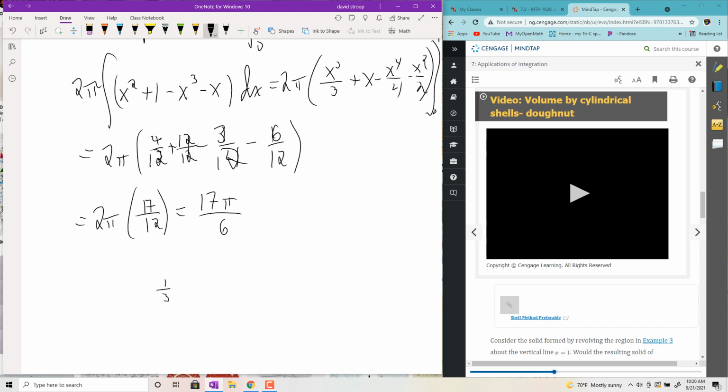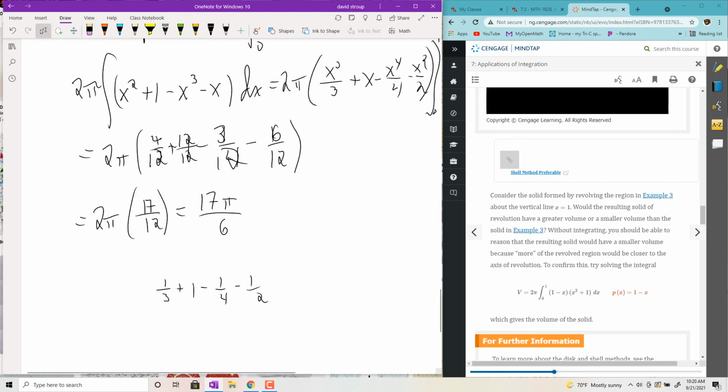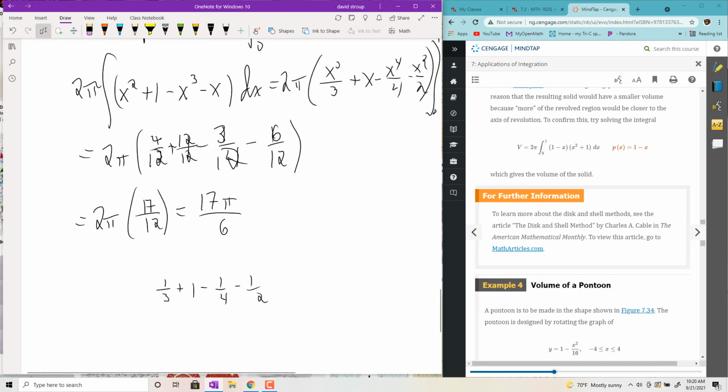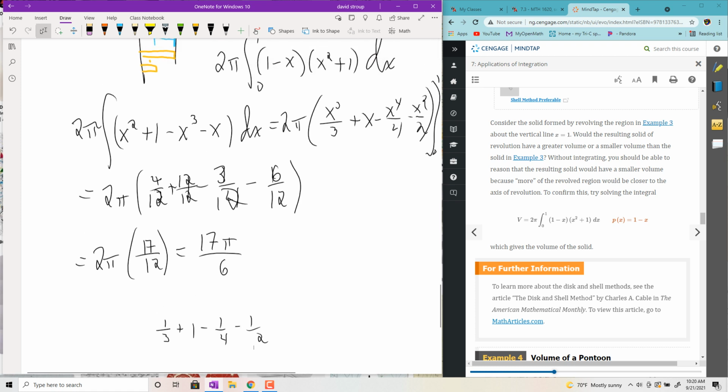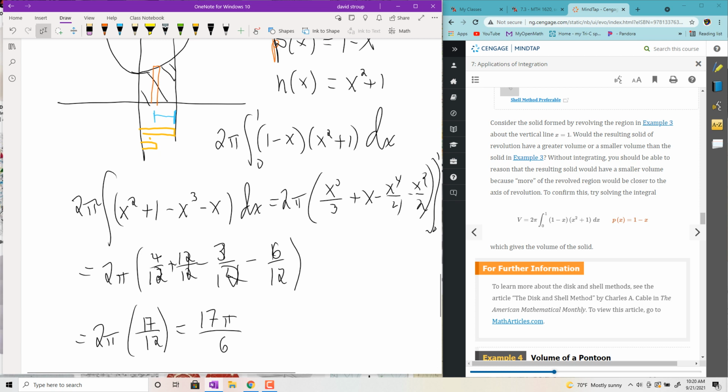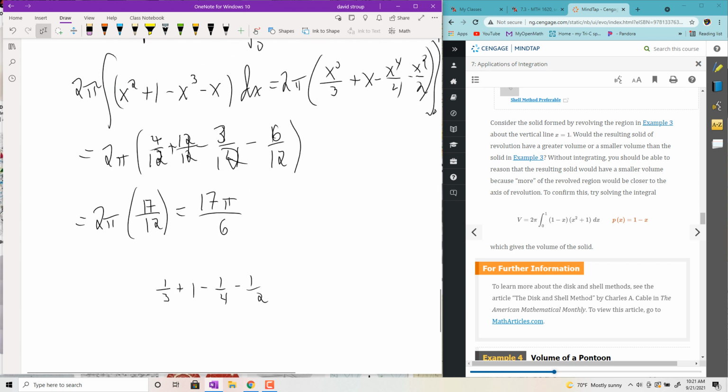So 1/3 plus 1 minus 1/4 minus 1/2. Make sure everything looks correct, because I don't think they give you the answer. No, they don't. So it's 1 minus x. So x squared, first, outer 1, inner minus x, last minus x cubed over 3 plus x minus x to the 4th over 4 minus x squared over 2.